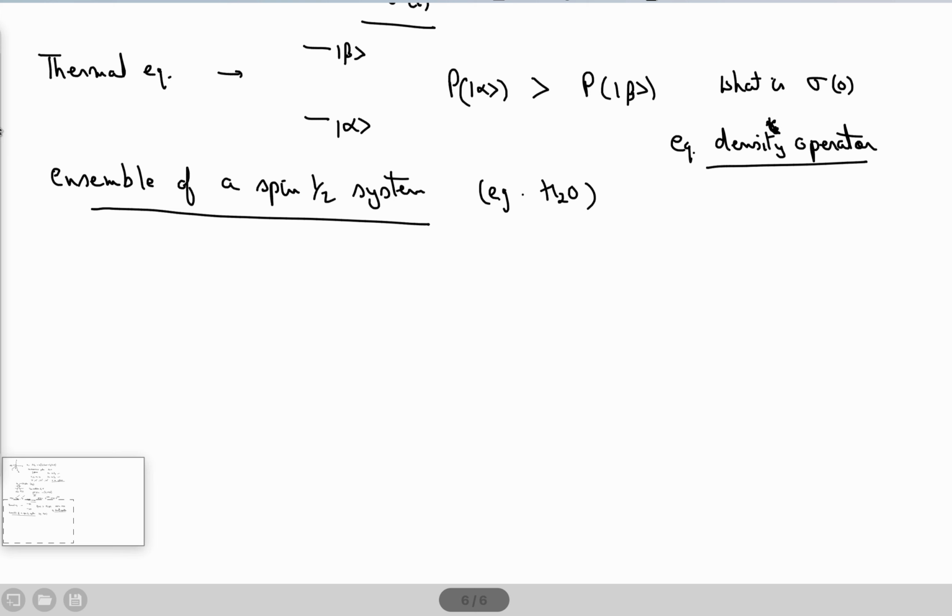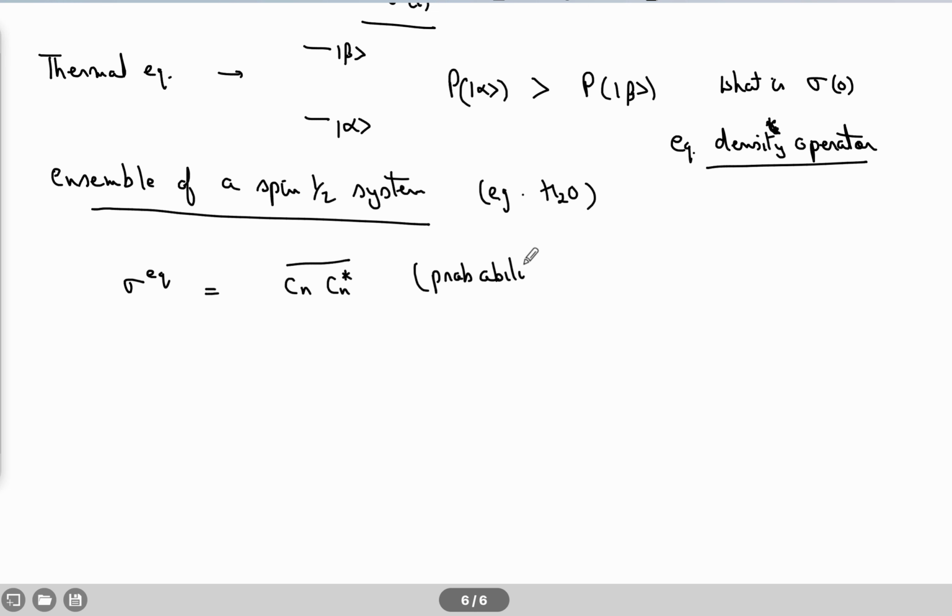Thus the density operator at thermal equilibrium, sigma EQ, can be understood as the probability of being in a particular state.